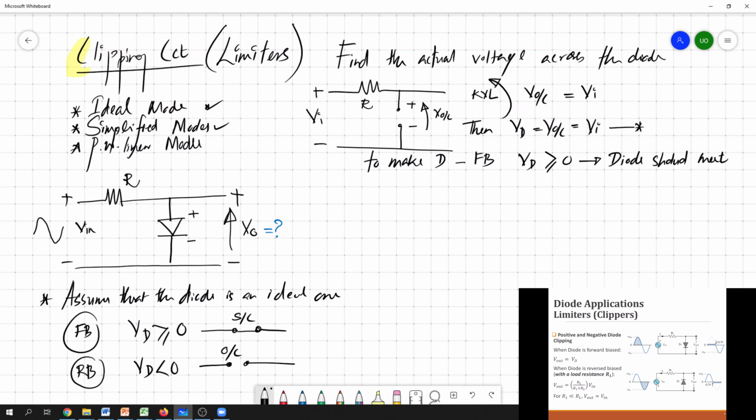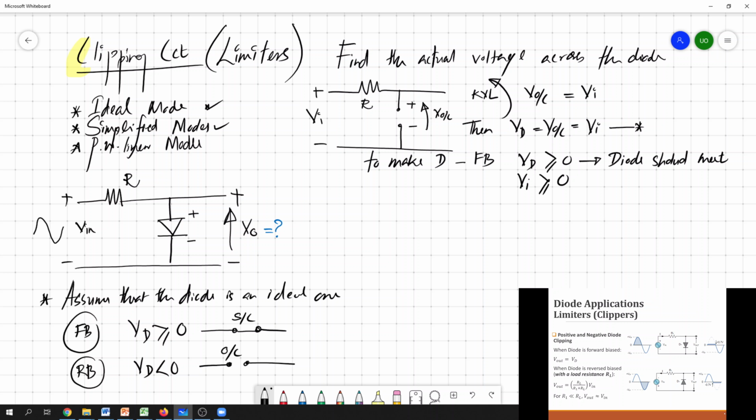Once you substitute it here, you can identify that Vi should be greater than or equal to 0.